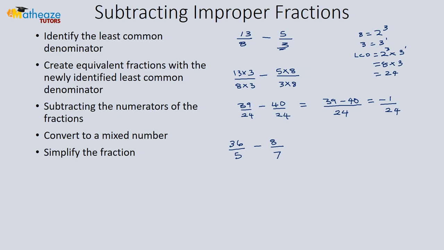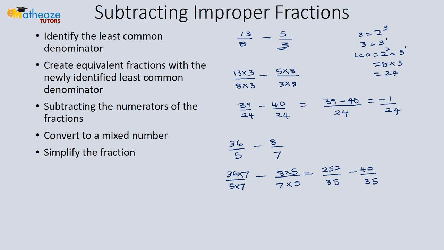In this case, we have 5 times 7, and we have 36 times 7. And for the 7, we have 7 times 5, and then we have 8 times 5. So 36 times 7 should give you 252 over 35 minus 40 over 35.